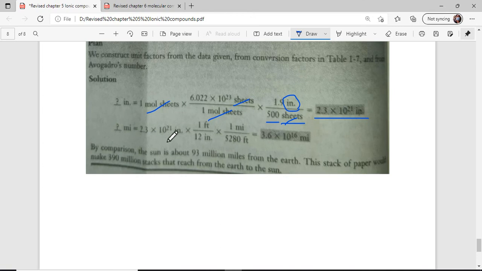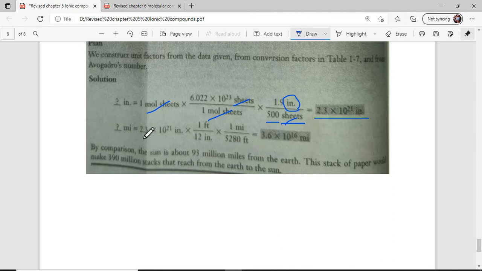Now, if you are given inches, that is the English system, not the metric system. Simply convert using the conversion factors: in every 1 foot there are 12 inches, and in every 1 mile you have 5,280 feet.